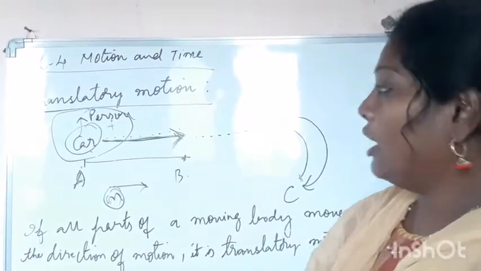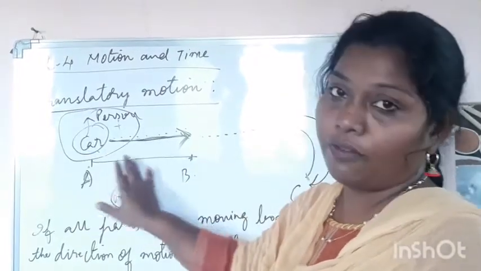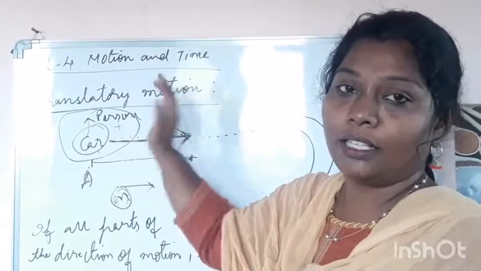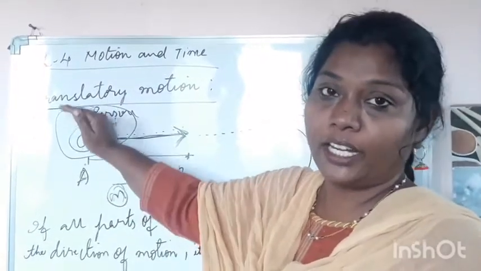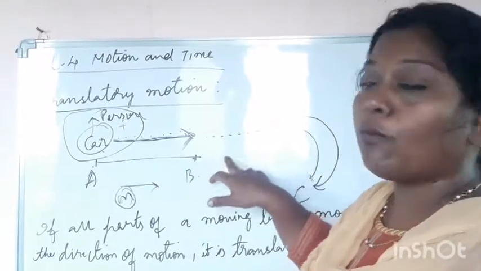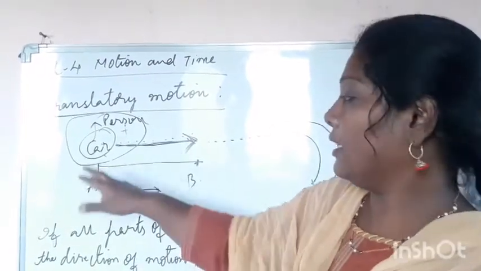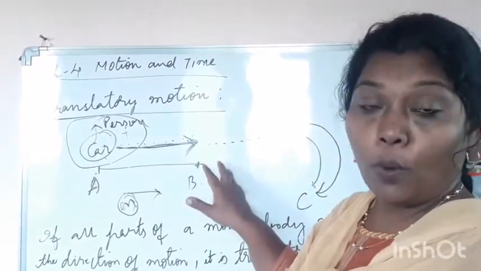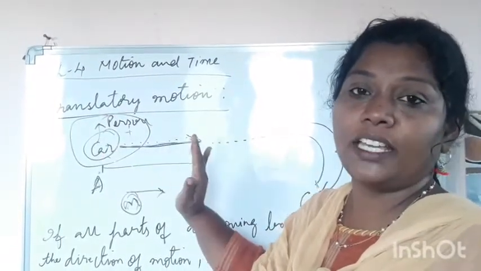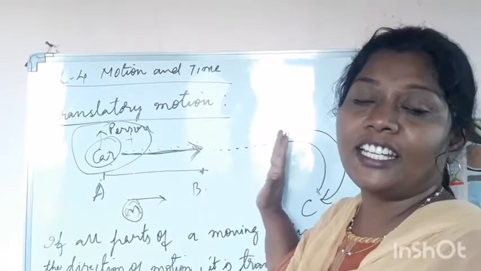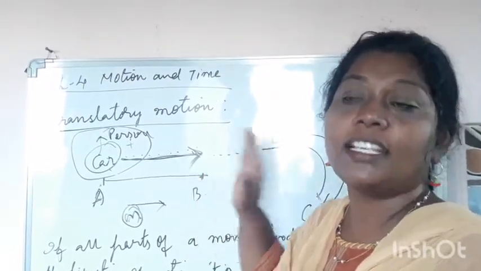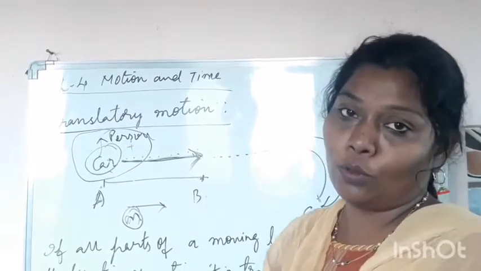Okay children, if all parts of the body are moving in the direction of motion, then the object is said to be in translatory motion. Okay, the object is said to be in translatory motion.